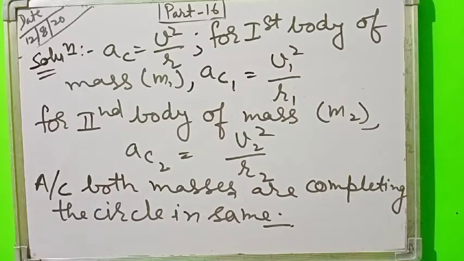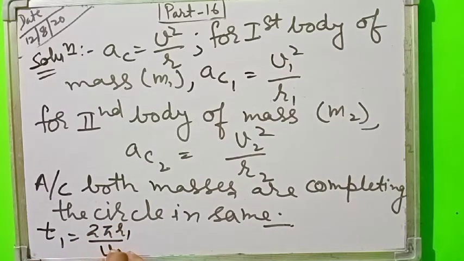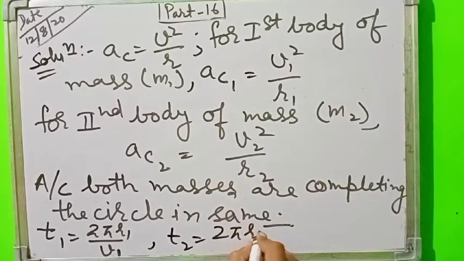Means the time for completing the circle is distance upon speed. So if t1 is the time for mass m1, it can be given as 2 pi r1 upon v1, and if t2 is the time for mass m2, it can be given as 2 pi r2 upon v2.